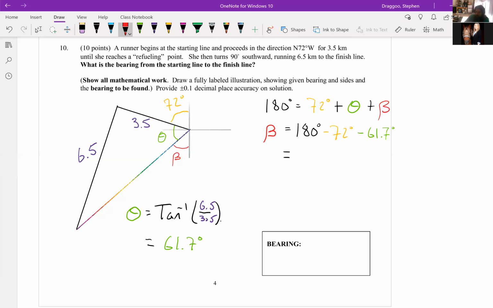So 180 minus 72 minus 61.7. And the number that I got was 46.3. And so with a diagram that's roughly to scale, that looks like about a 46-degree angle.